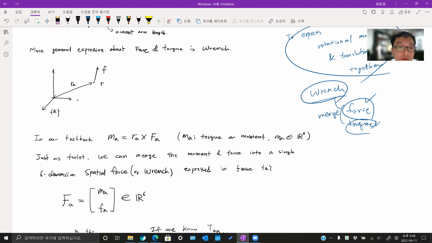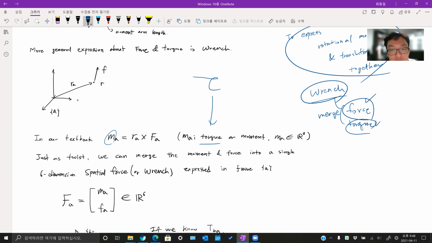In our textbook, the torque is written by the small character m. Usually we use tau for the torque, but in our textbook we usually use m.